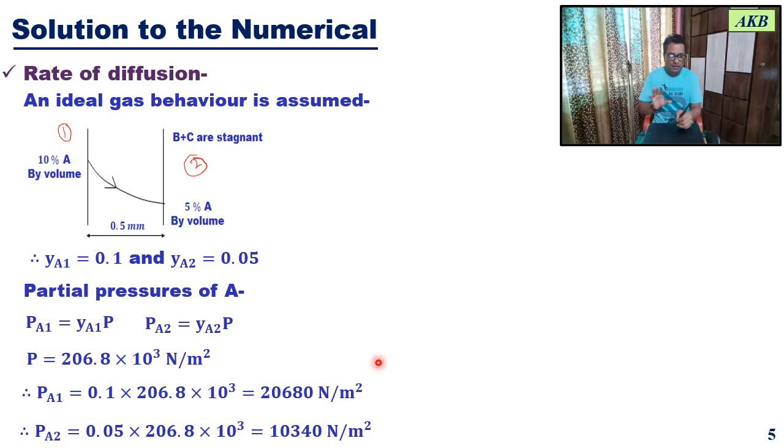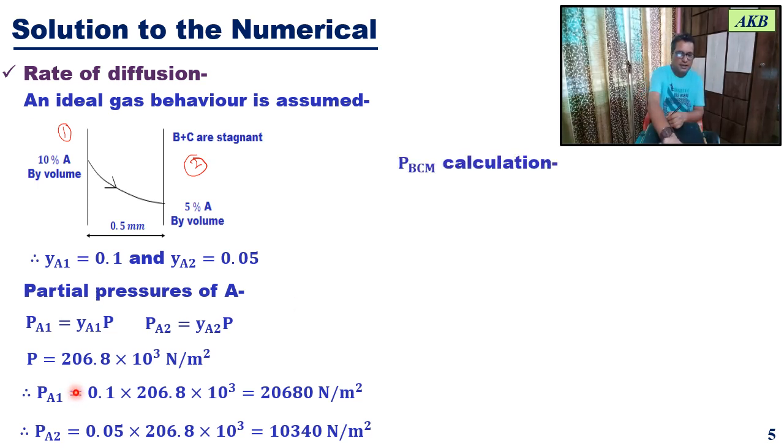You'll come to know. I'll discuss that in my further discussion. Okay. So the point is, by assuming ideal gas behavior and using these relations, we have found out Pa1 and Pa2, because we need this in the equation that we are supposed to use.